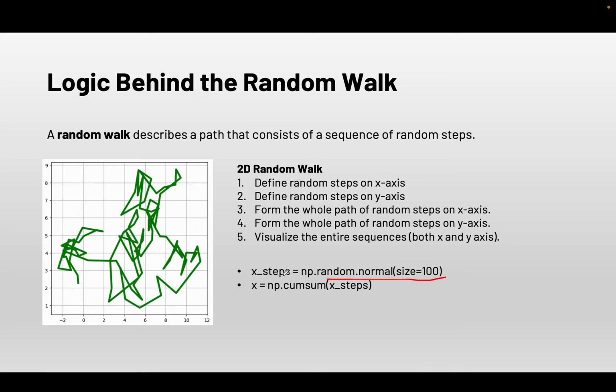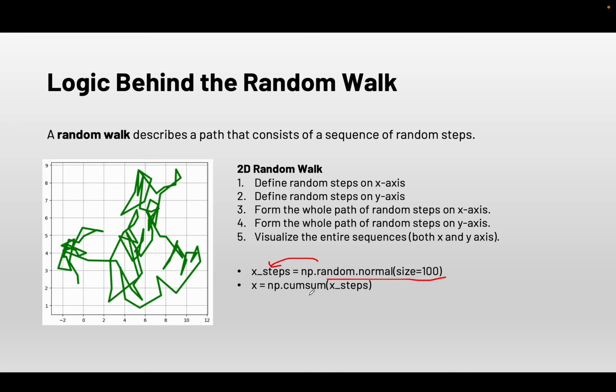Basically, this function uses Python to create 100 steps, and each step has a length that comes from a normal distribution, and we're going to put all of these numbers into x_steps. So that is for defining the random steps, 100 random steps, and each one has a certain length, and each length comes from a normal distribution.